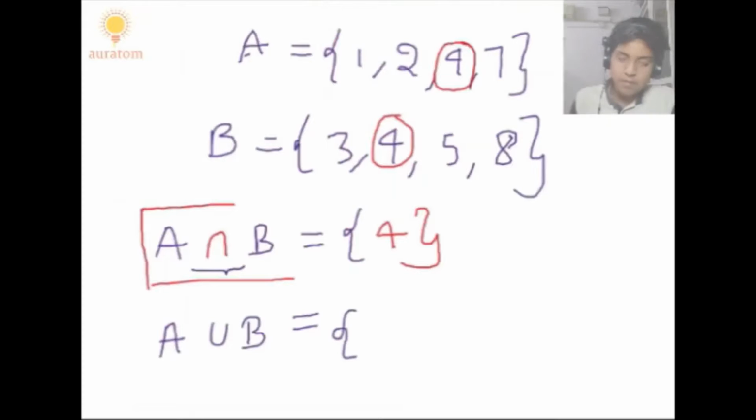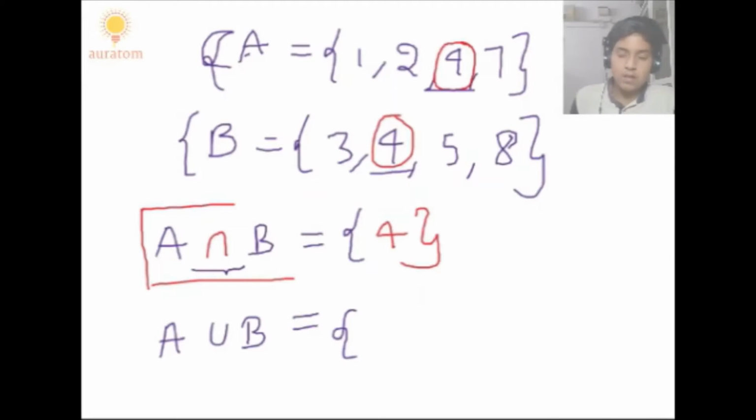What this operation does is it creates a set which contains all the elements which are in A or B. So we can choose from A and B. We can choose all the elements from A and B, and because they have a common element, which is 4, we avoid writing it twice.